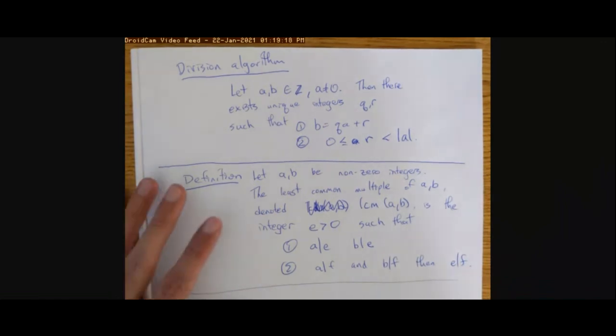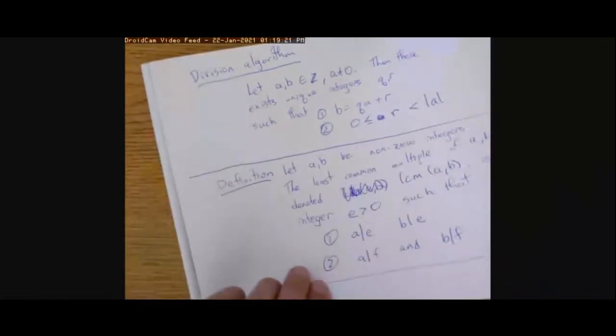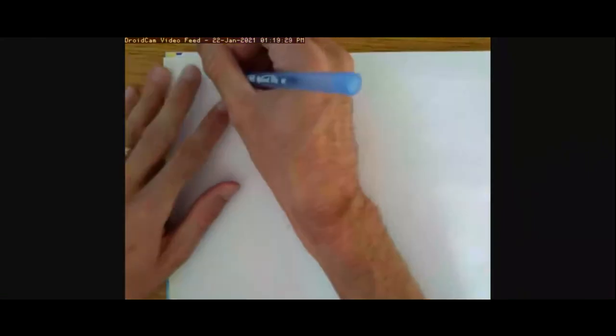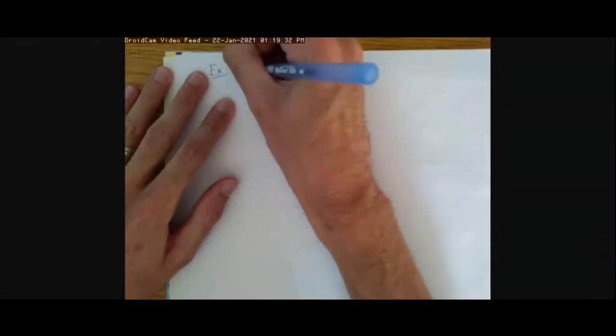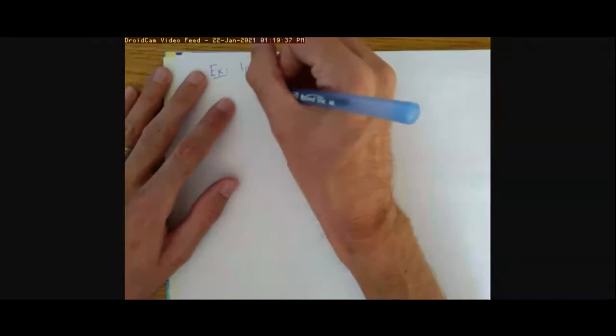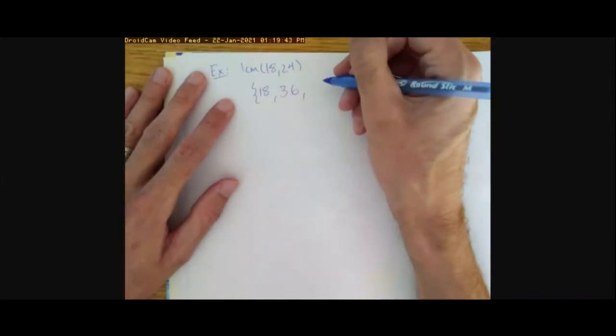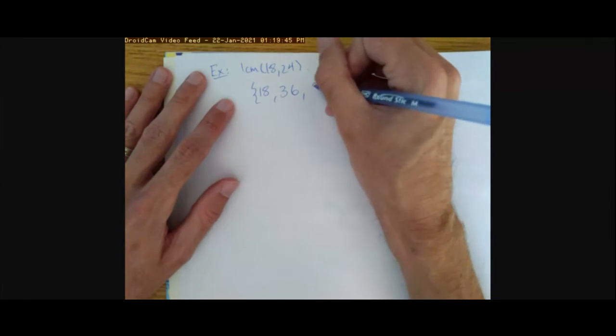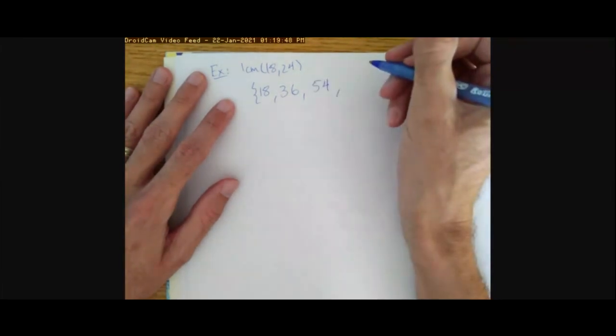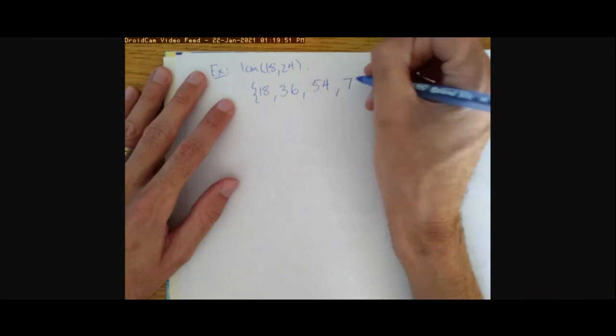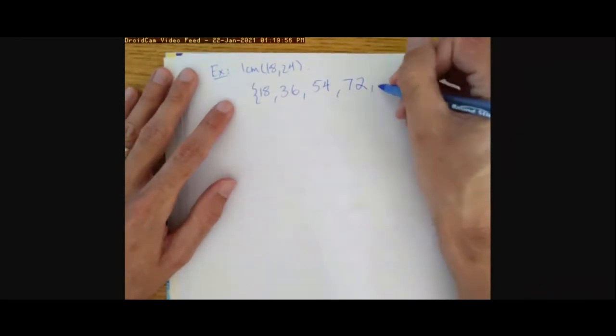Let's just find the least common multiple of 18 and 24. Here are the multiples of 18: 18, 36, 54, 72.